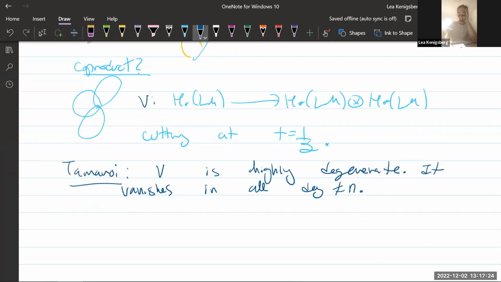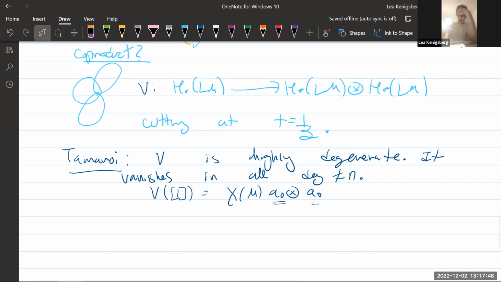And he computes that V of the unit equals the Euler characteristic times A0, where A0 here is the class of a point. So in particular, if the Euler characteristic is 0, then this coproduct structure is completely trivial, but it's not exactly trivial.